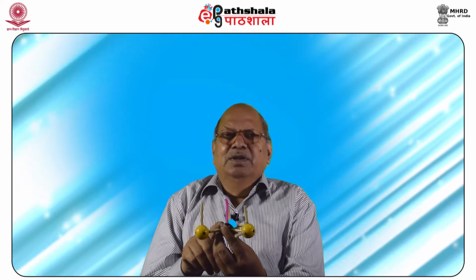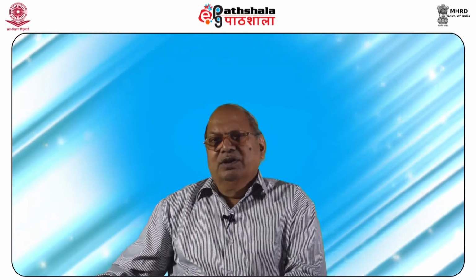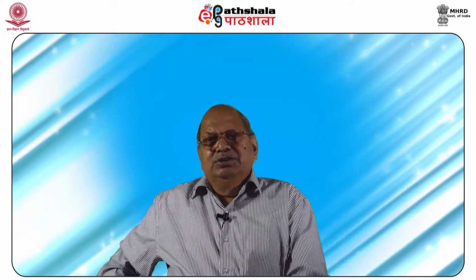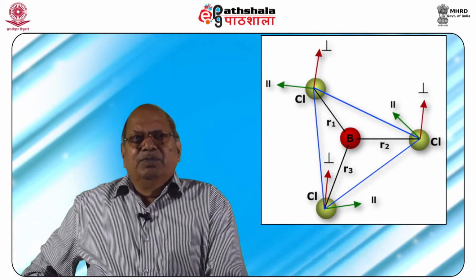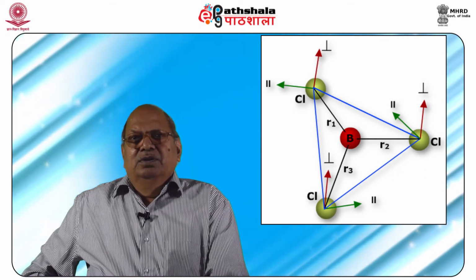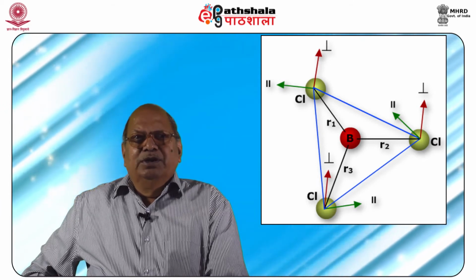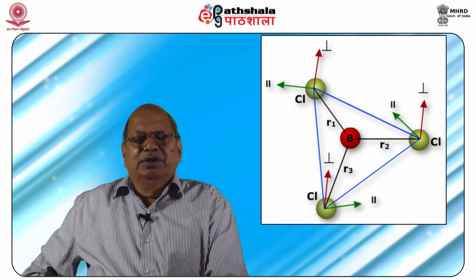So, it means I will now divide the problem in such a manner that these bond vectors are divided into 2 types. The perpendicular and parallel, as I have pointed out, show the pi bonding, that is, perpendicular and parallel orbitals of pi bonding type.